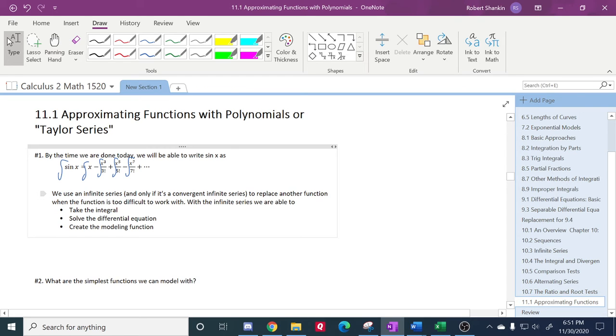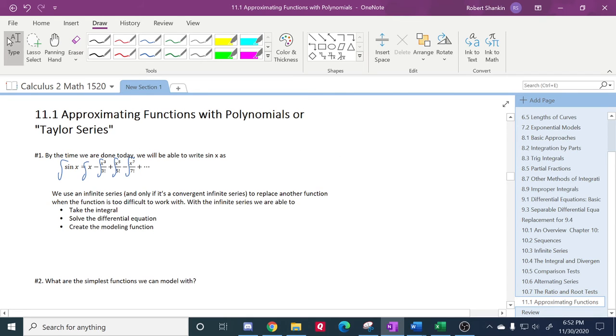We're going to find out that we'll be able to come up with an infinite series to replace most functions. And they will converge, but just close to a certain interval. And so we will have what's called an interval of convergence.